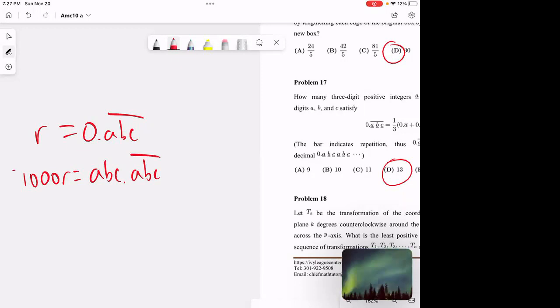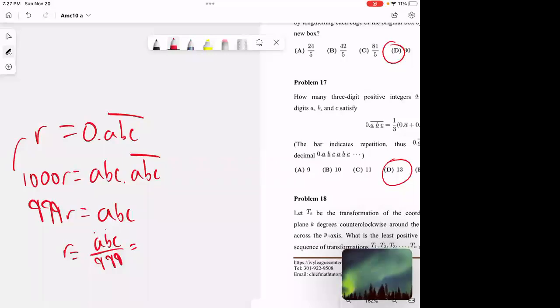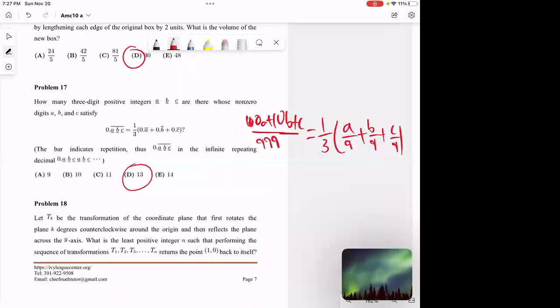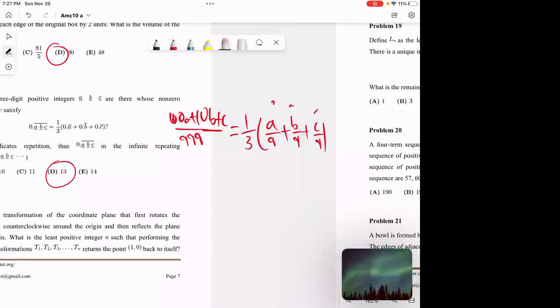So then we subtract this one from this one, 999R equals ABC. So R equals ABC over 999, since these are digit values, so it's 100A plus 10B plus C over 999. And then we just do the same thing for these three terms right here, and that's how we get these values.